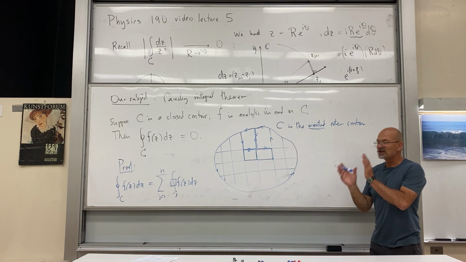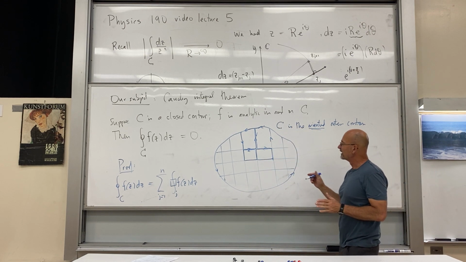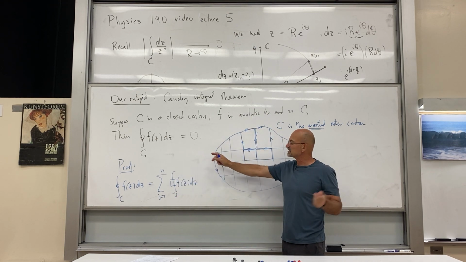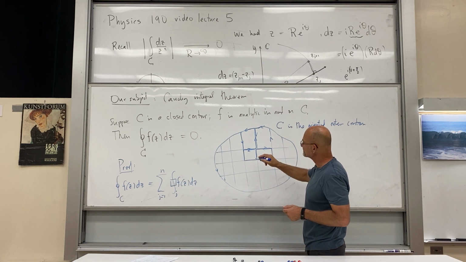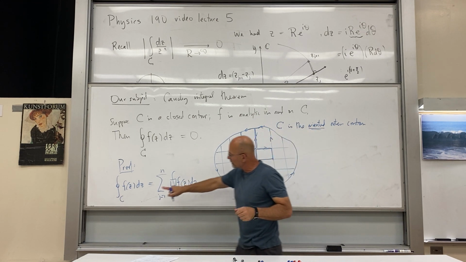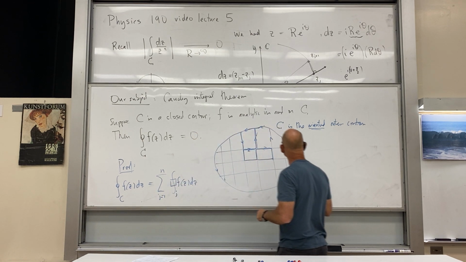So all adjacent sides cancel, and if you integrate all these boxes up, and the outside ones are also boxes, then you're just left with the outside contour, which is the one we had in the first place.